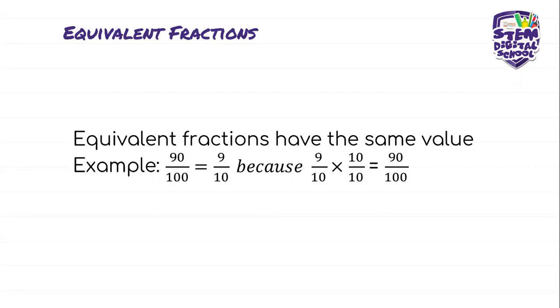We know this because if you take 9/10, or 9 out of 10, and you multiply that by 10 out of 10, you will definitely get 90 out of 100. Similarly, if you were to divide 90 by 10 and divide 100 by 10, you will go back to 9/10. So these are what we call the equivalent fractions.